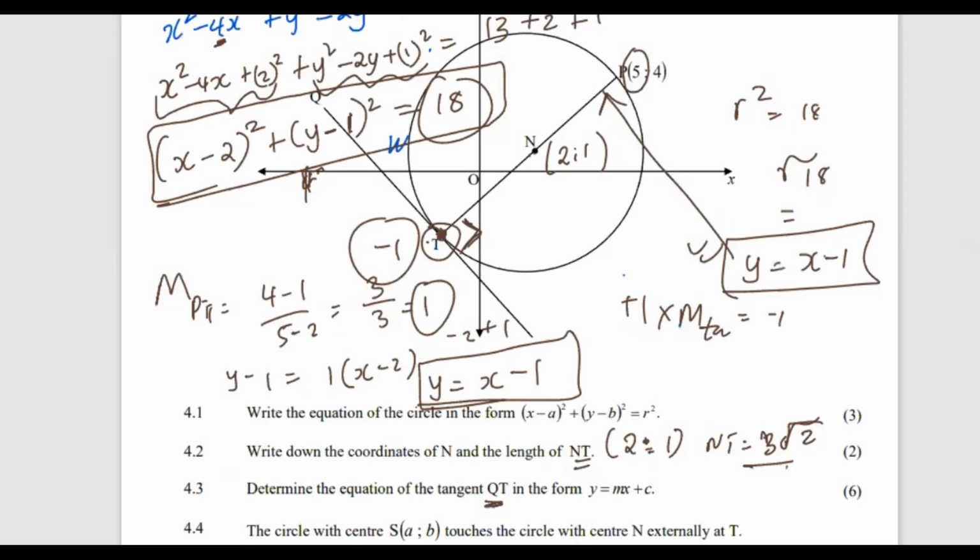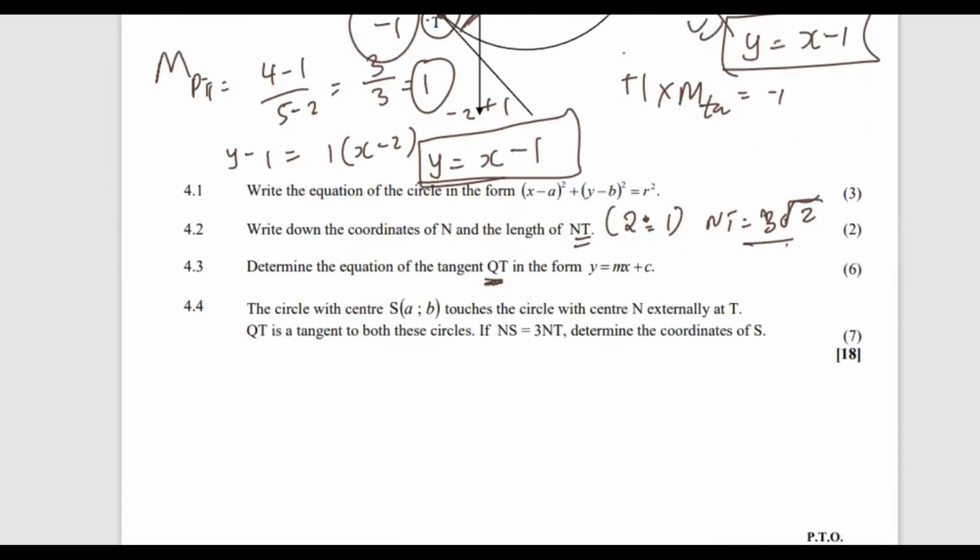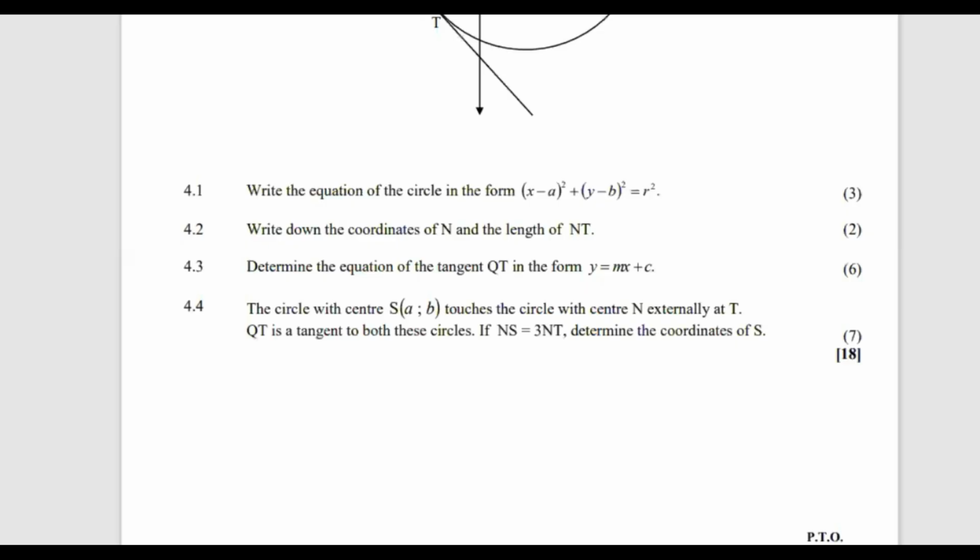Thank you. Then 4.4, they are telling us that a circle with S, that is AB, touches the circle with N externally at point T. Just to refresh this, let me clear.